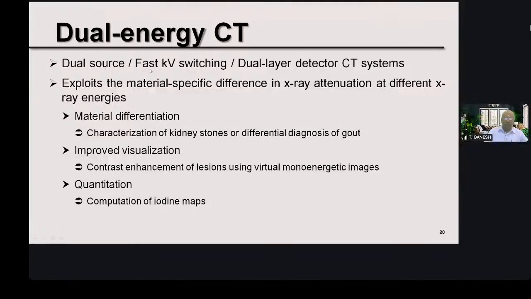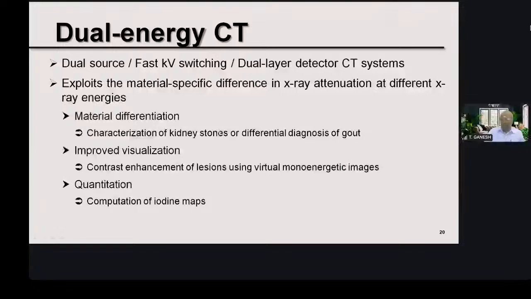But whatever the technology employed, ultimately this dual energy CT is used for different usages, like material differentiation. In kidney stones, you can characterize whether the stone is due to calcium or some other cause. Calcium means you have to break those stones, but if it is some other stone, then by medication you can cure it.